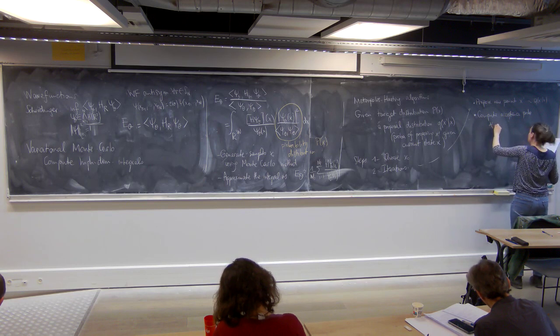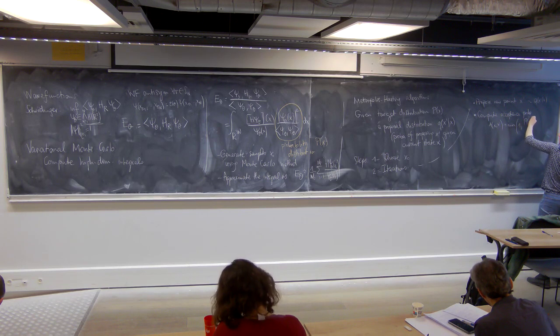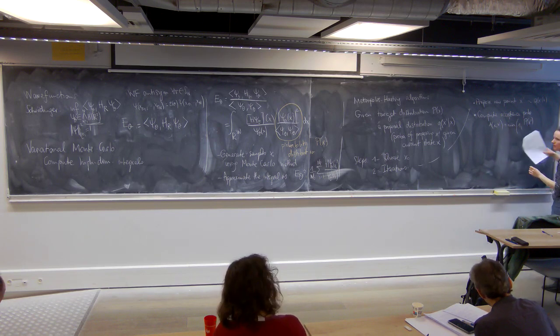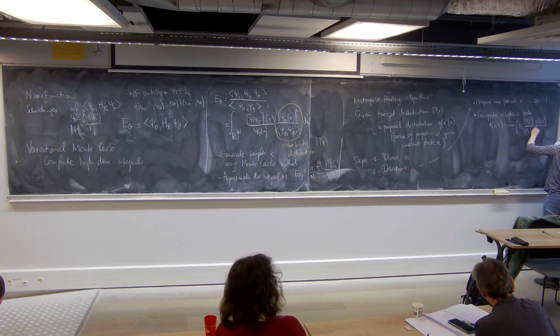which depends on x and x', and which is defined as the minimum between 1 and the ratio of the probability distribution computed at the points x' and x.